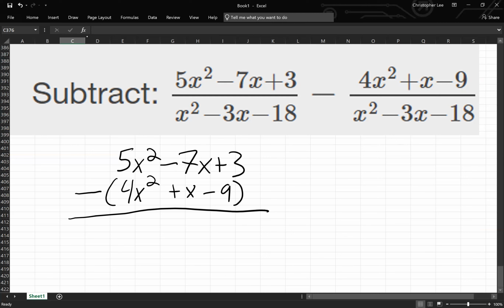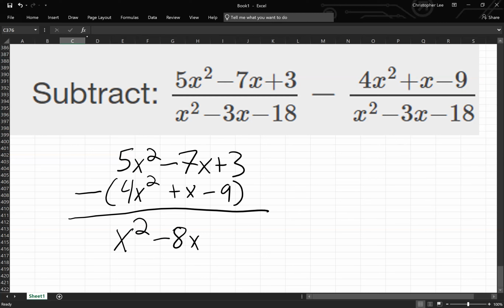5x² minus 4x² is what? Good, 1x². Negative 7x minus x is what? What's the sign? Negative 8x, right? And then 3 minus negative 9 is what?